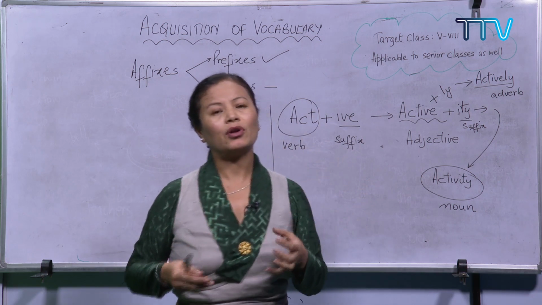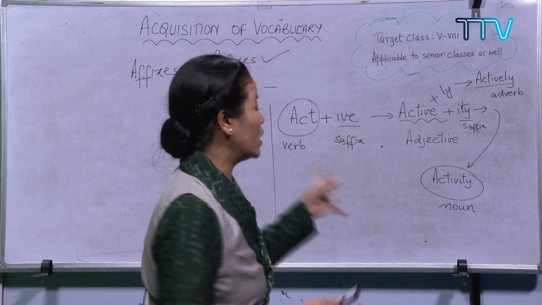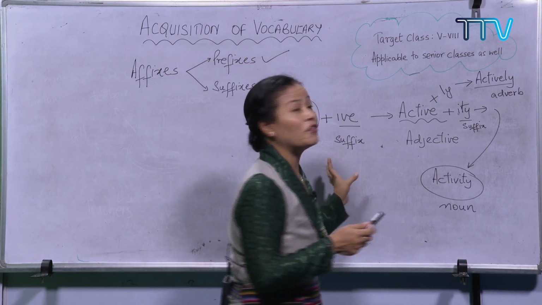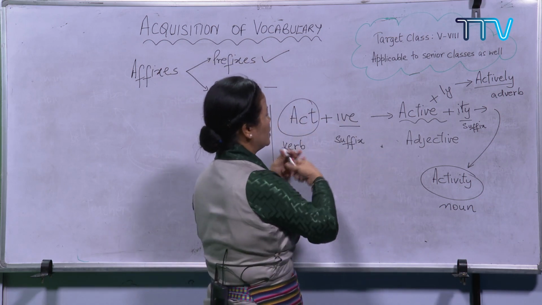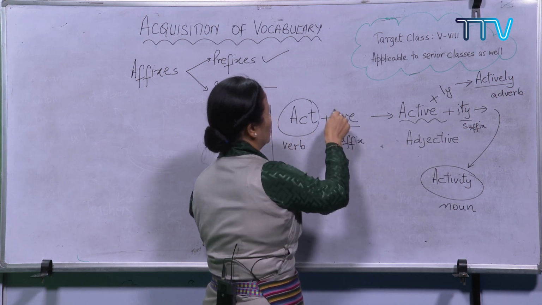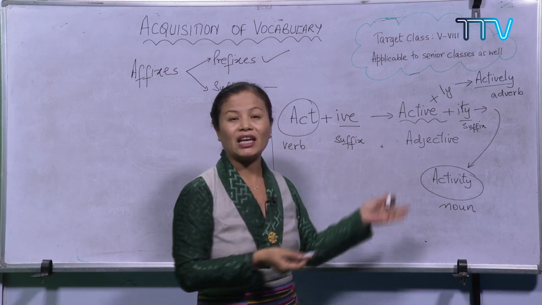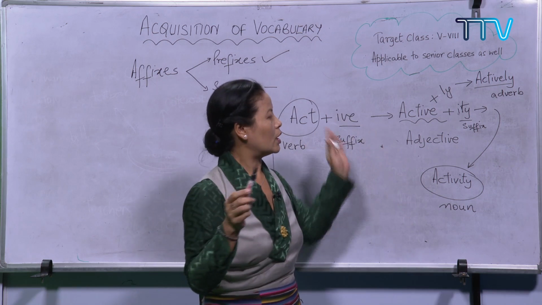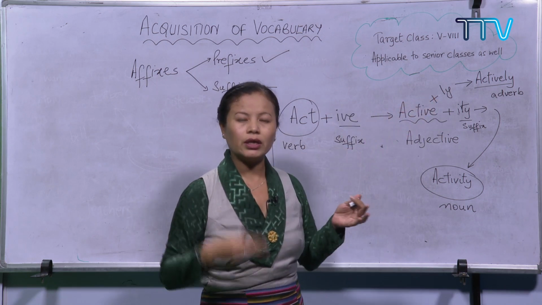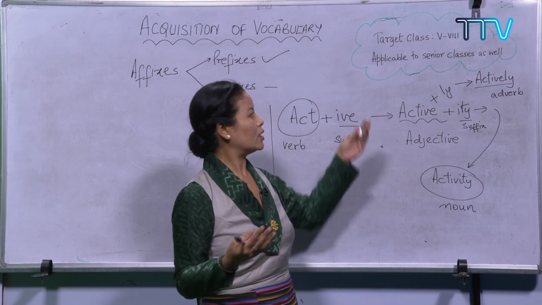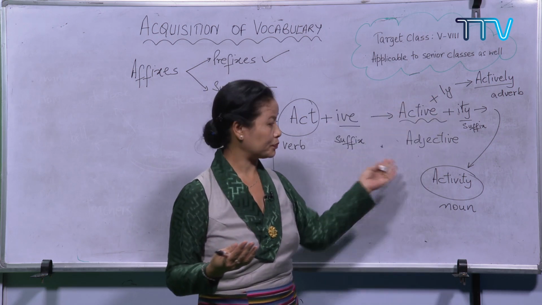So it's very important that you understand what those suffixes are. If I see the suffix ive, usually it changes the word into its adjective form. Then ly, like slowly, quickly, abruptly, actively, these are adverbs.